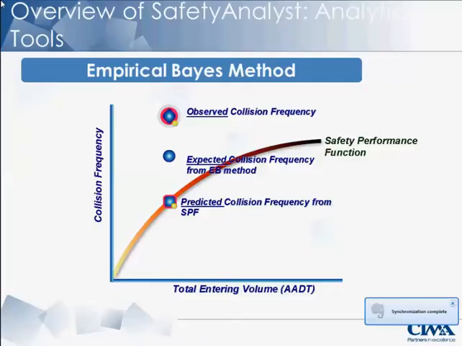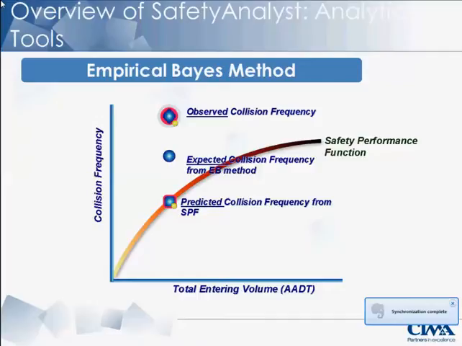So this is your curve. For all locations at 10,000 vehicles per day ADT, you're expecting to have 5 collisions per year. So this is an average. But each location is different because of its own characteristics.